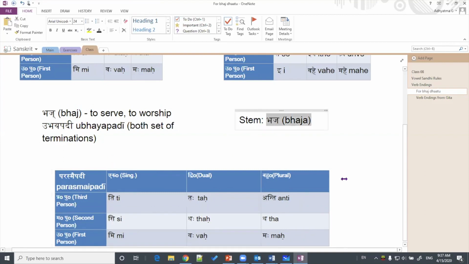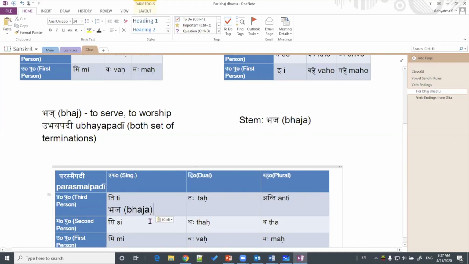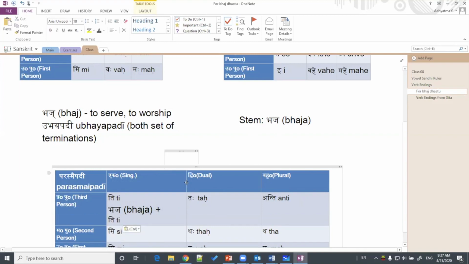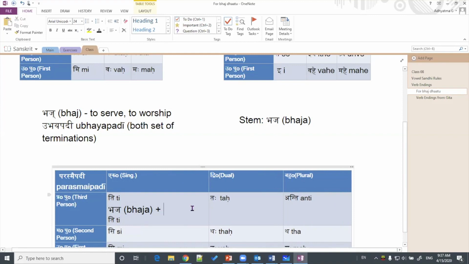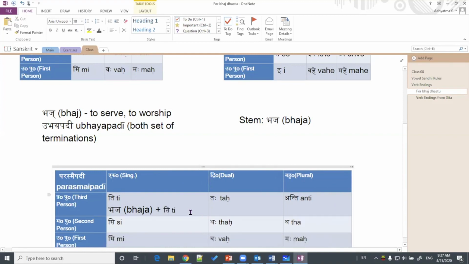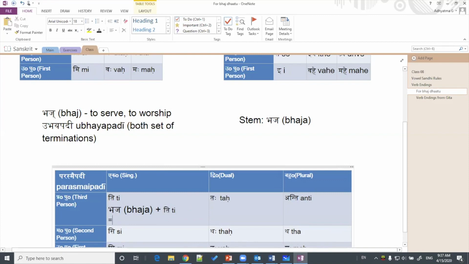I'll basically do stem plus ending, and the ending is ti. That becomes bhajati. It's actually very simple. Bhajati.